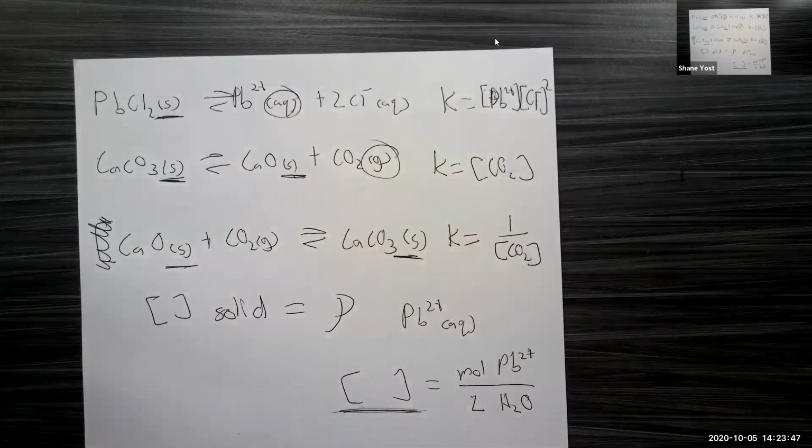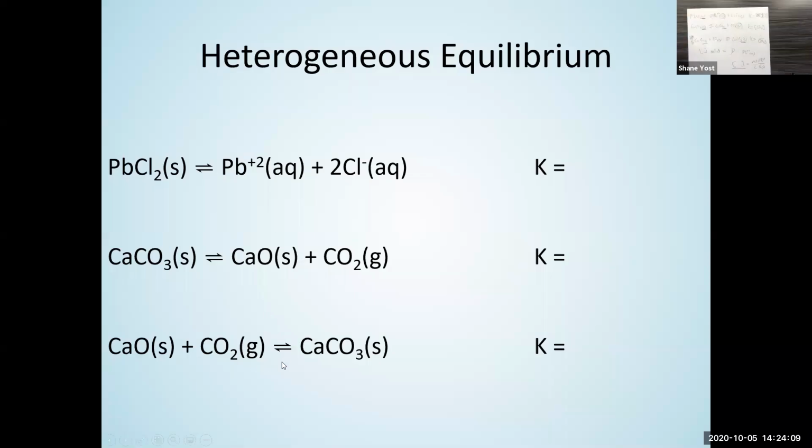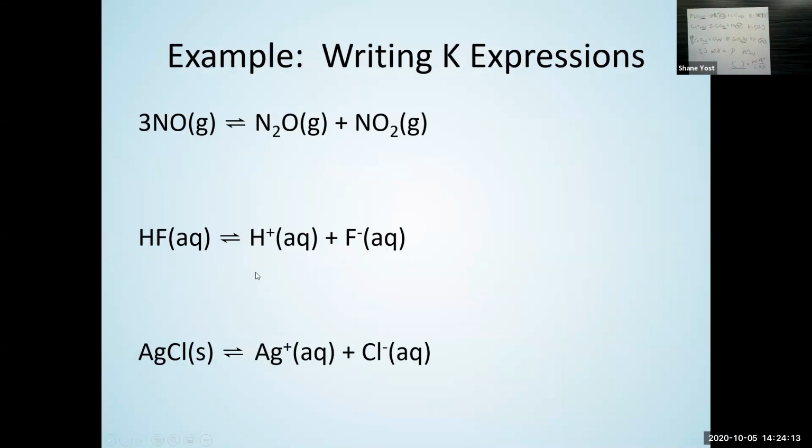But for solids and liquids, the concentrations do not change as the reaction takes place, so we just ignore them. They're constant, so it doesn't matter in the end. So our equilibrium constant expressions are products divided by reactants raised to their stoichiometric coefficients, ignoring solids and liquids. We'll do some more examples of this.